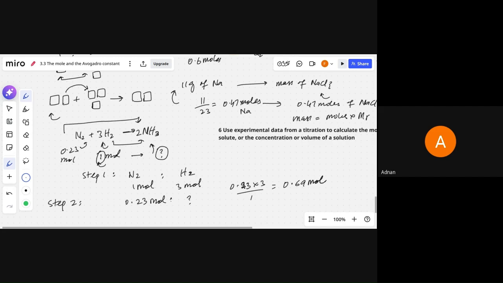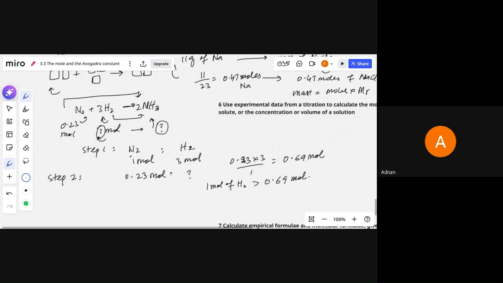So you see, we have 1 mole, which is more than what is actually required. 1 mole of hydrogen is more than 0.69 moles, which is actually required. So hydrogen will be our excess reactant in this case.